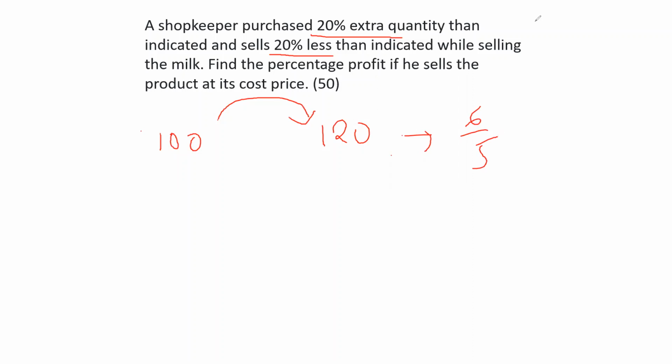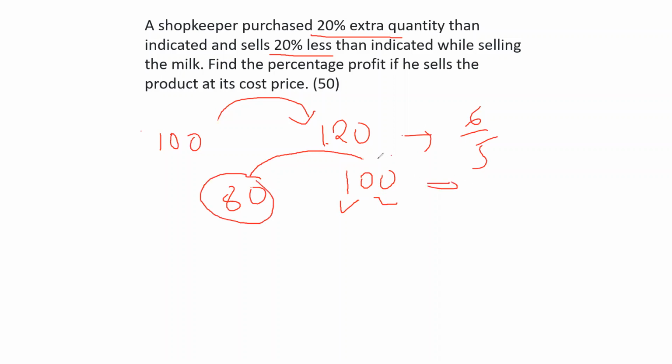And he sells 20% less than indicated while selling. So he says it is 100, but what actually is it? Is it 100? No, it isn't. It is 80, because it is 20% less than indicated. Indicated is 100 and actual is 80.